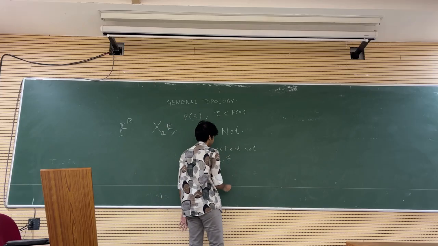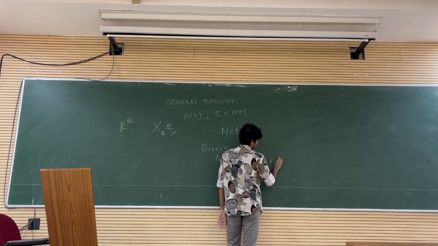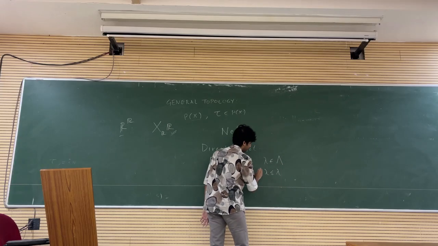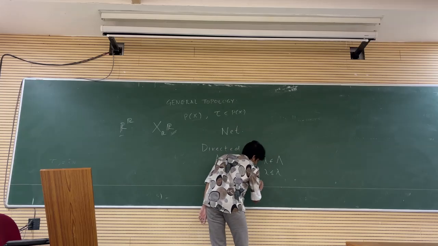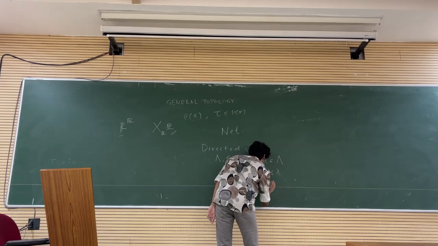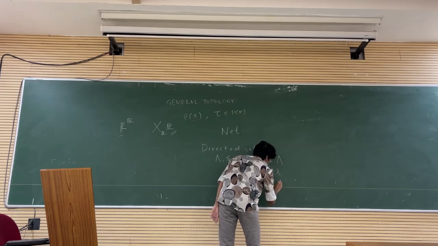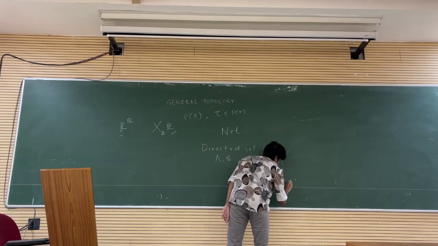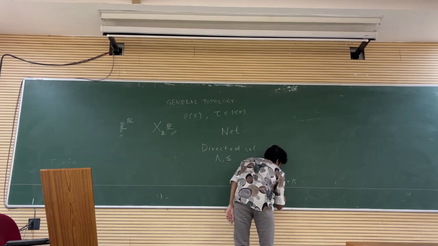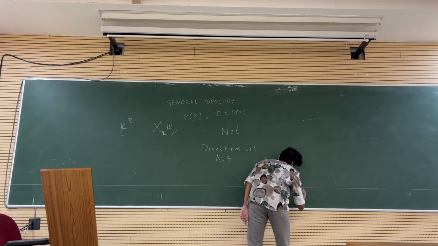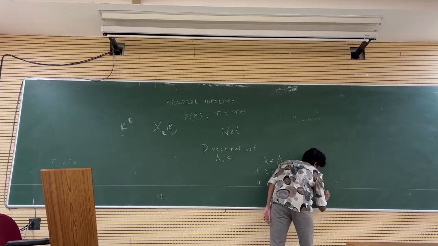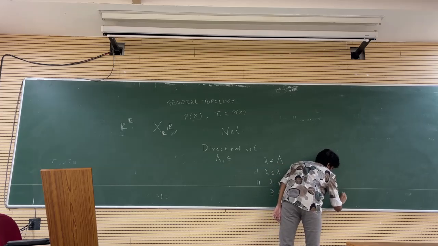The properties which this has: if lambda belongs to Lambda, then lambda is less than or equal to lambda. First property. Second property, if lambda 1 and lambda 2 belong to Lambda, there exists lambda 3 such that lambda 1 is less than or equal to lambda 3 and lambda 2 is less than or equal to lambda 3.